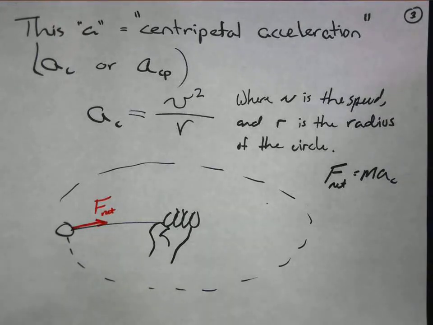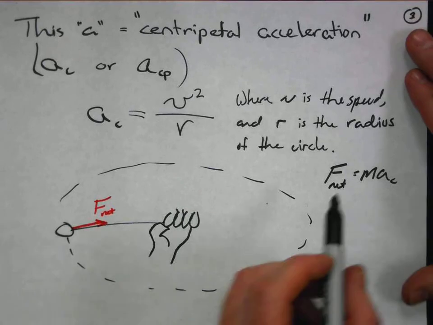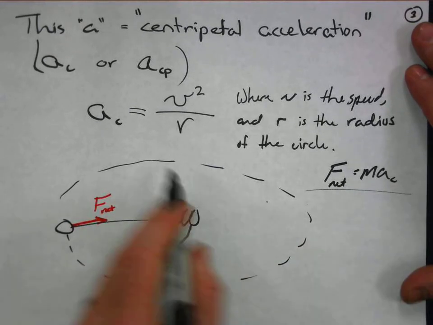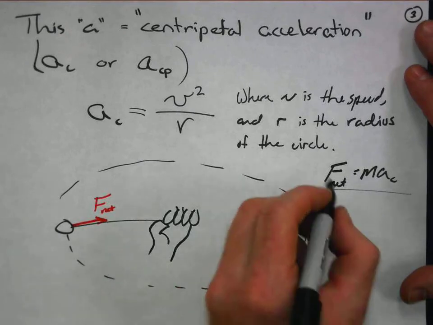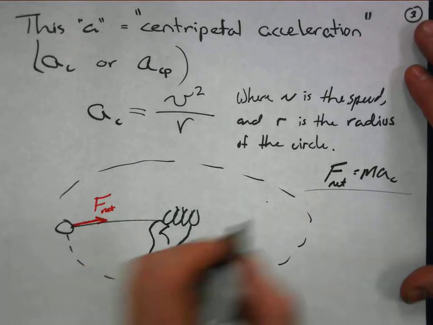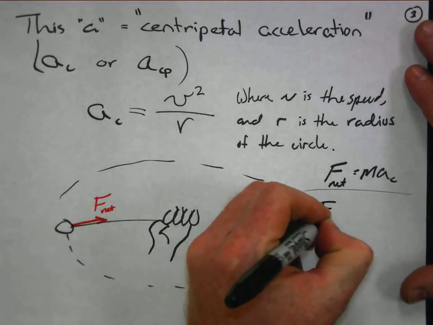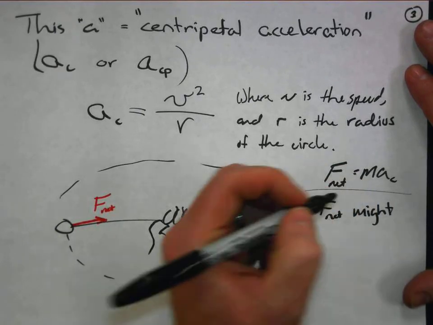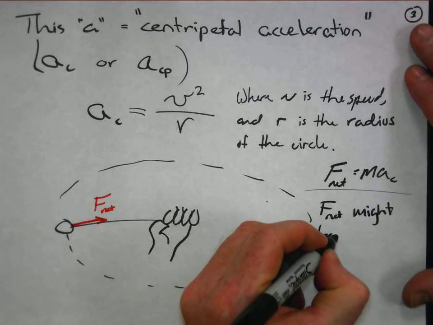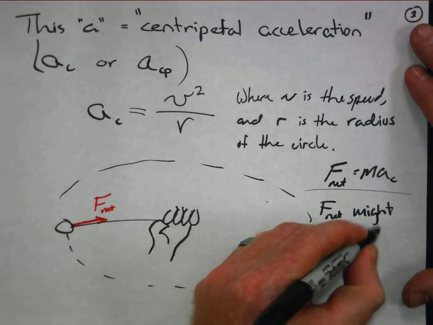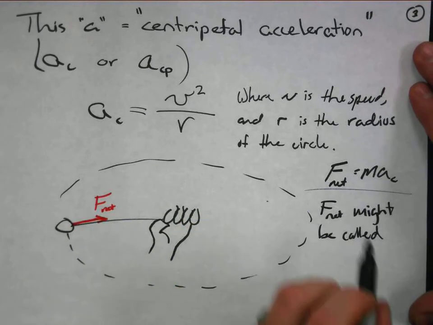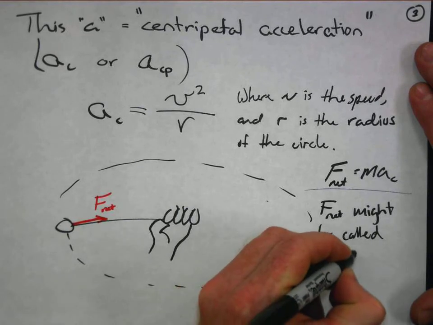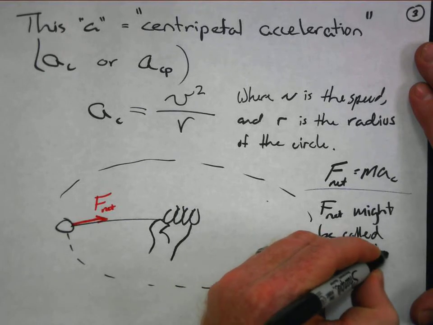So here's the thing about this. This is basically Newton's second law, but applied to an object moving in a circular path. That net force is often called by another name. You might read in the book, or you might hear me say this, it might be called centripetal force.